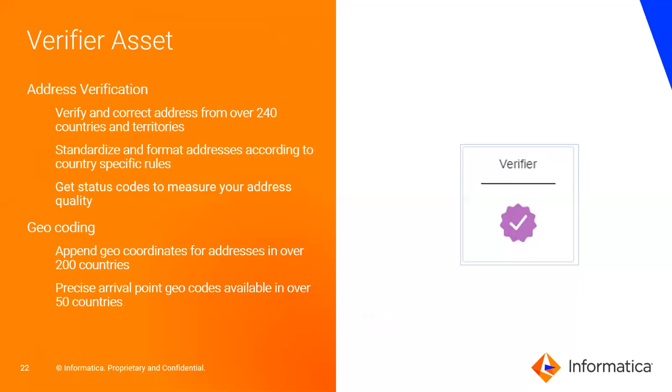So you could not only standardize and format the address, but you could also enrich it. You could correct the address, and we would be able to correct addresses for about 240 plus countries and enrich for 200 plus countries.